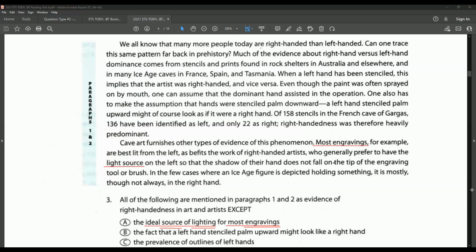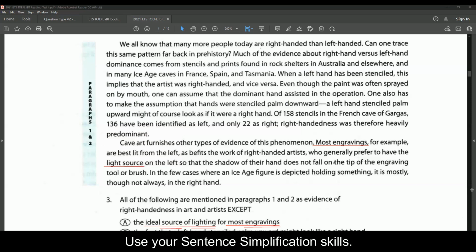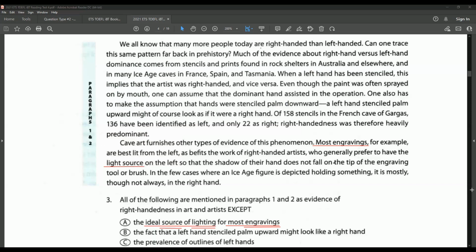So now I know that I'm in the sentence that may be related to this choice. And so I read over it quickly. Most engravings, best lit from the left. Something about right-handed artists who generally prefer the light source on the left. Okay, the ideal light source for most engravings. That is kind of sort of there, which means it's not possible.